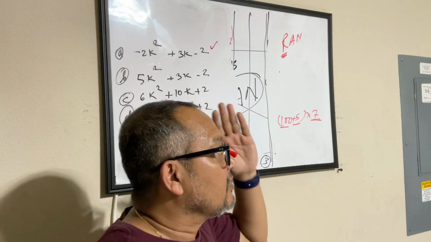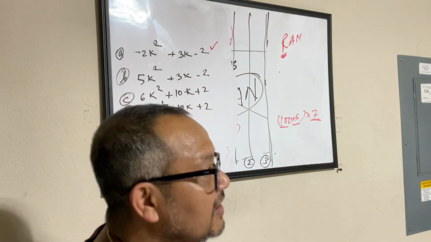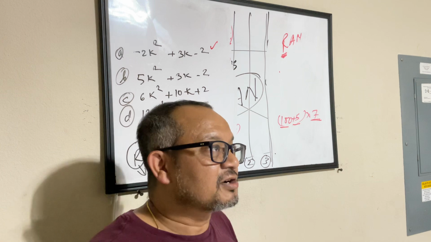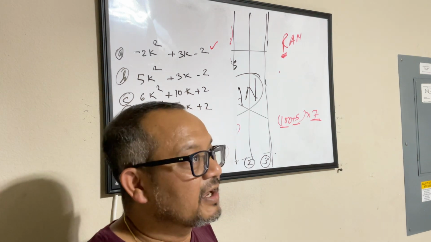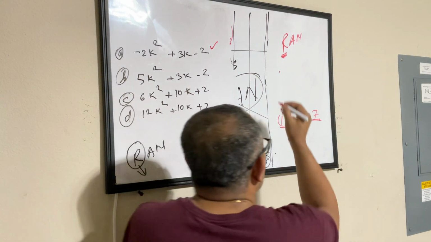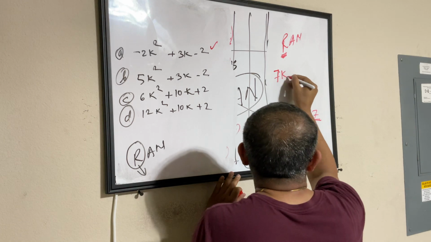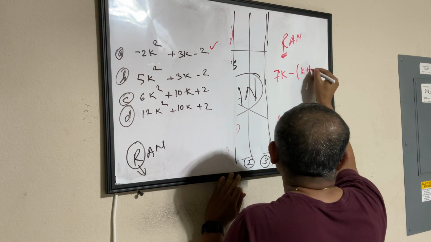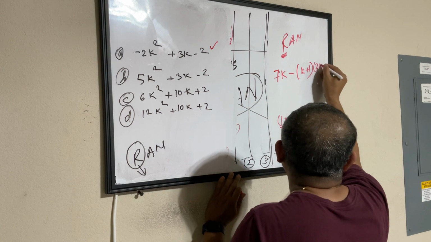Which of the following expressions is equivalent to 7k minus the product of k plus 1 and 2k plus 2? So, 7k minus the product of k plus 1 and 2k plus 2.